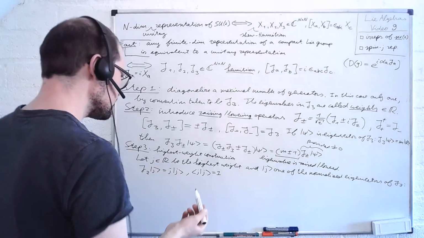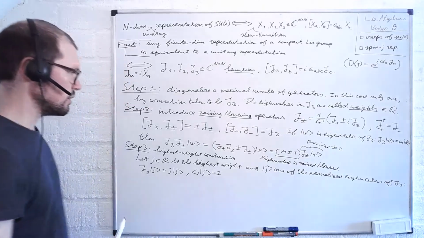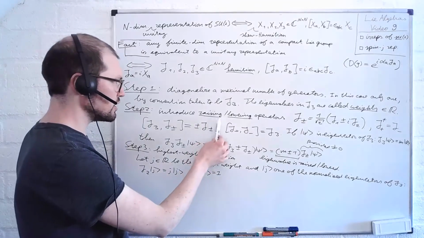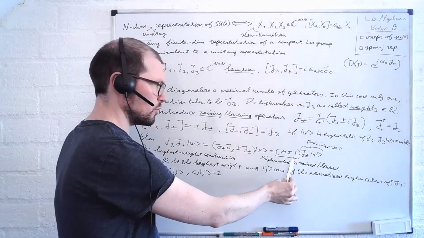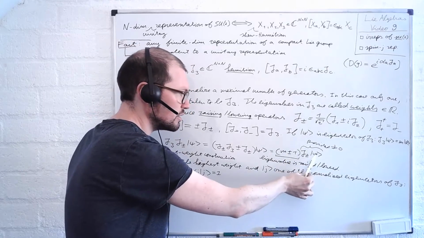Now the fact that J is the highest weight immediately tells us something, because we were saying that the raising operator J plus is going to increase the eigenvalue by 1, except when it annihilates the state.